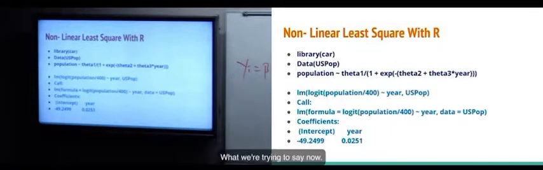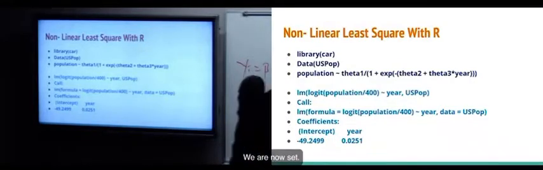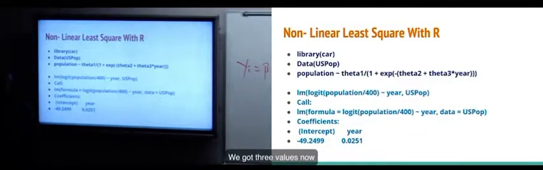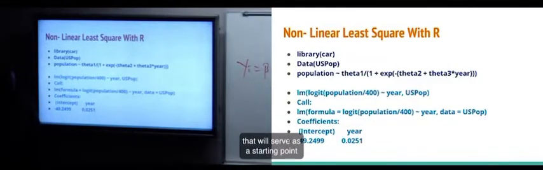Now, we are set. We have 3 values that will serve as a starting point: for theta 1, 400, and these two. Those 3 values will be used as starting values. Does that make sense now?